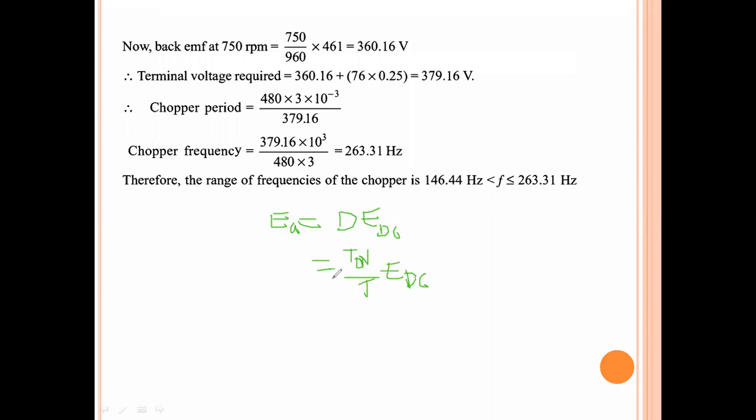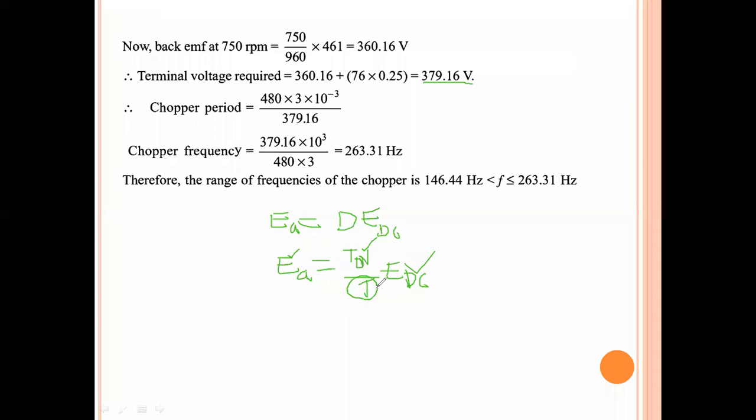So this time period is related to 750 RPM, and the terminal voltage, or the average voltage, we have calculated at 750 RPM is 379.16 volts. So substitute this here. T on we know, which is 3 milliseconds, 3 into 10 power minus 3. Substitute the T on value here, and EDC is 480 volts, I think. So substitute the 480 volts here.